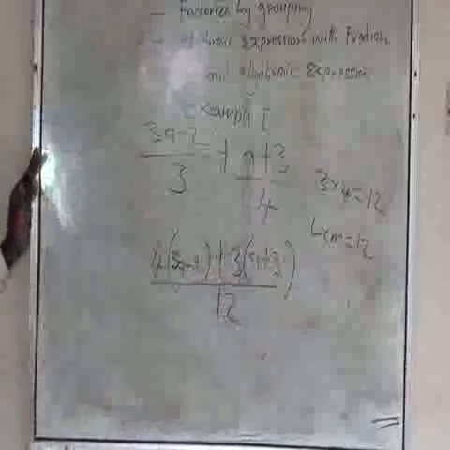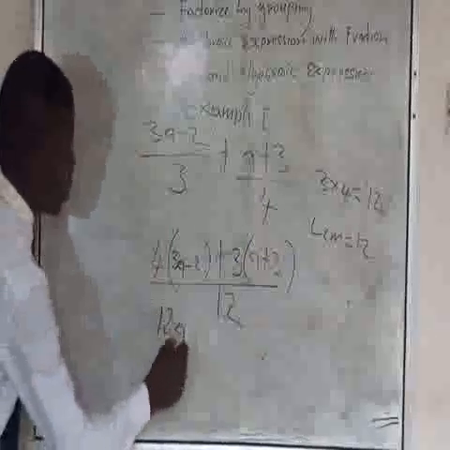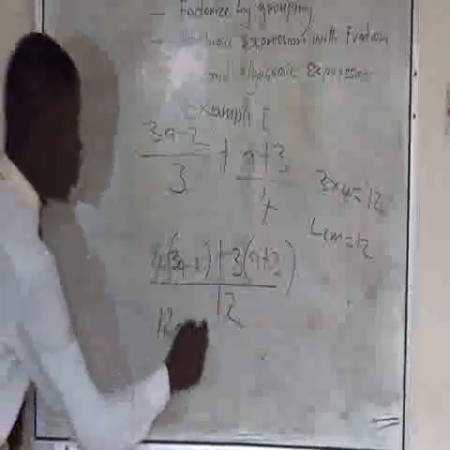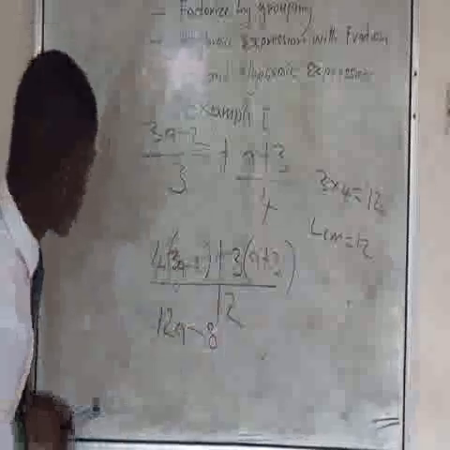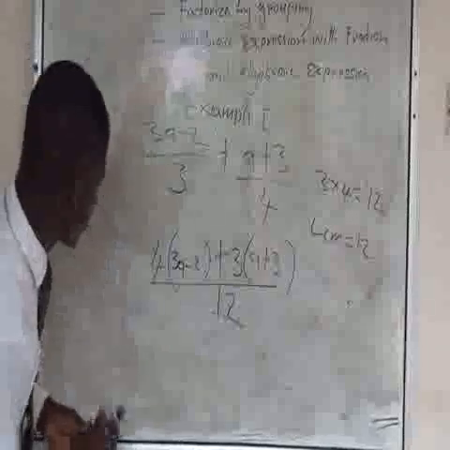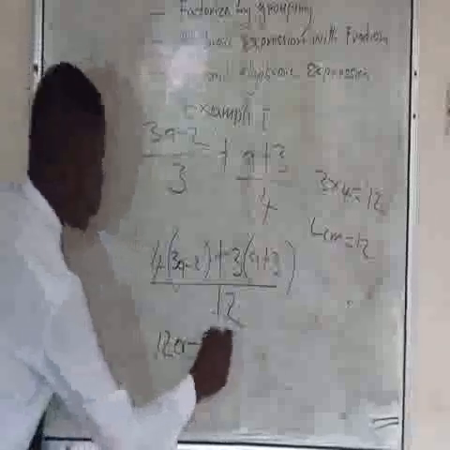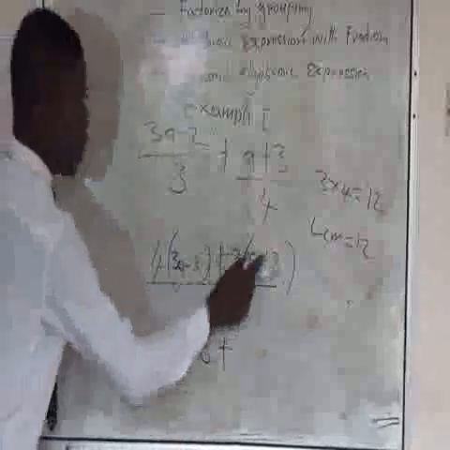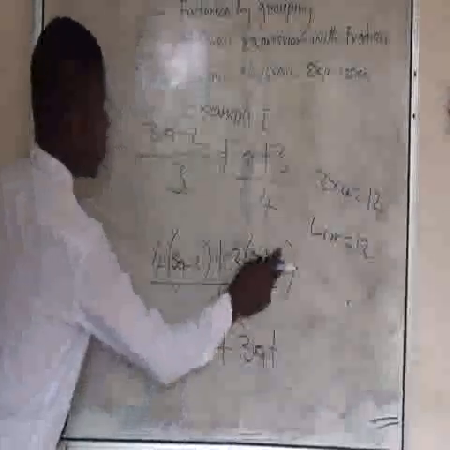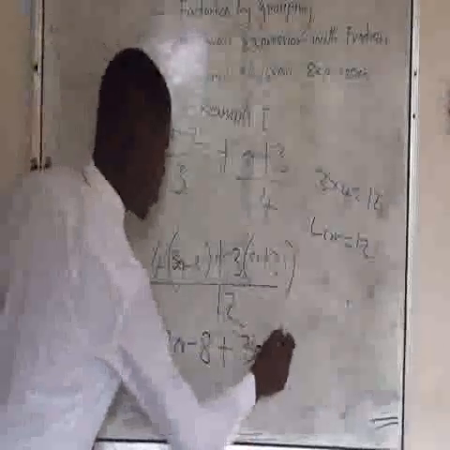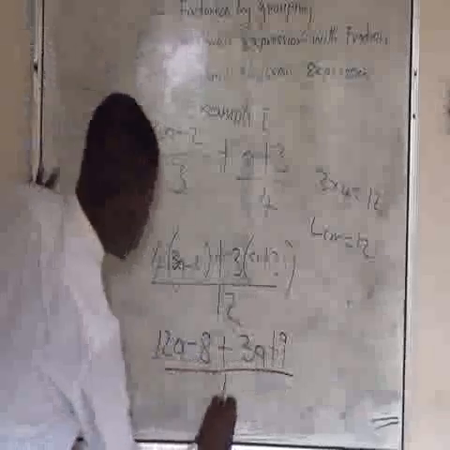Let's multiply. 3 times 4 gives me 12a, minus 4 times 2 gives me 8. Plus 3 times a gives me 3a, plus 3 times 3 gives me 9, all over the denominator.